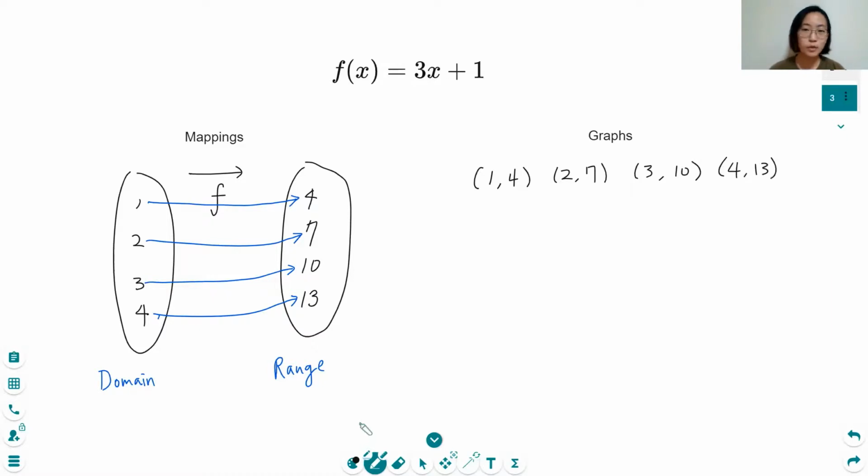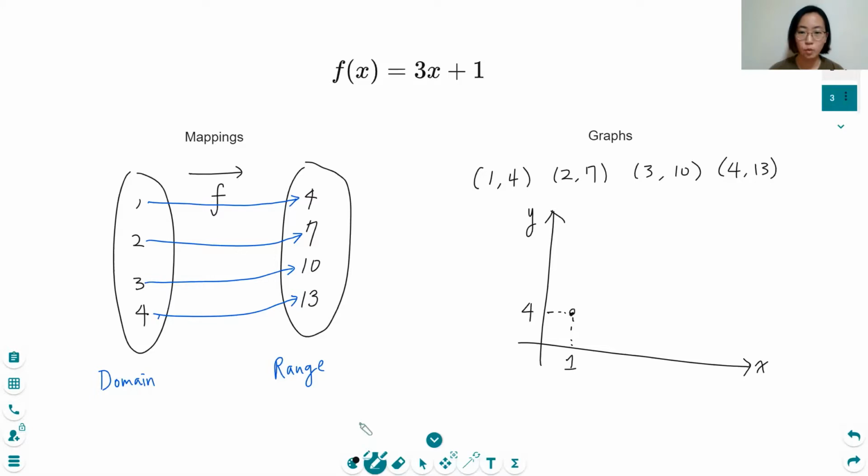So for every coordinate pair we have, we're going to draw that on the coordinate plane. Okay, so we're going to represent it with 1 dot. So let's say this is 1. Oh, sorry, mistake. So on the x-axis, we're going to put in the input. On the y-axis, I'll write the output.